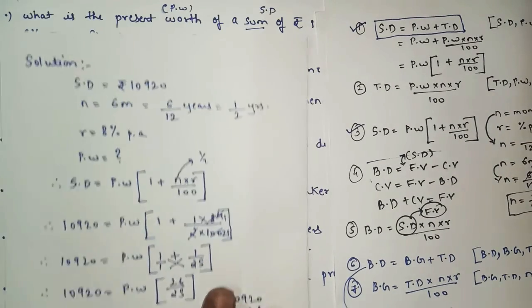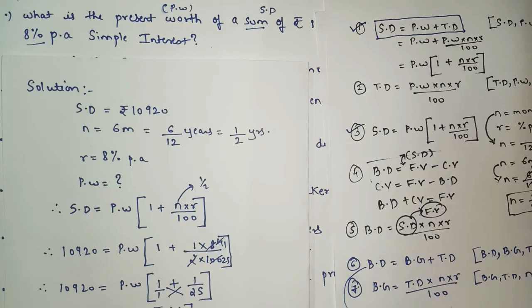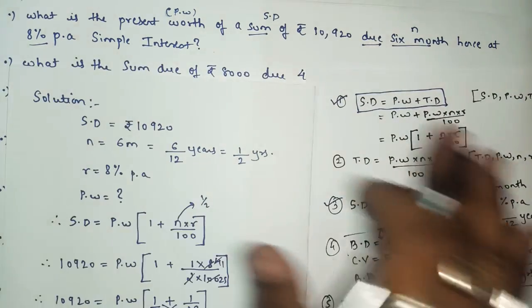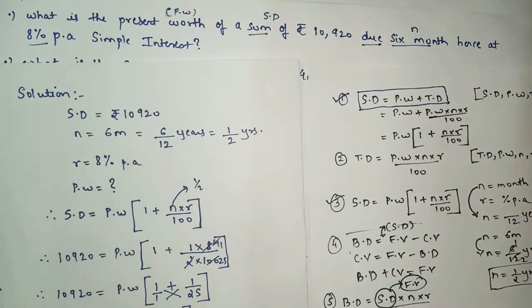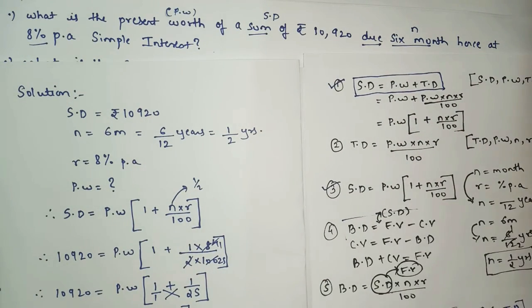So in this way you have to frame your sum. It is very simple, just read and understand the question, and whatever data is given, mention that first, and you have to decide which formula to apply.